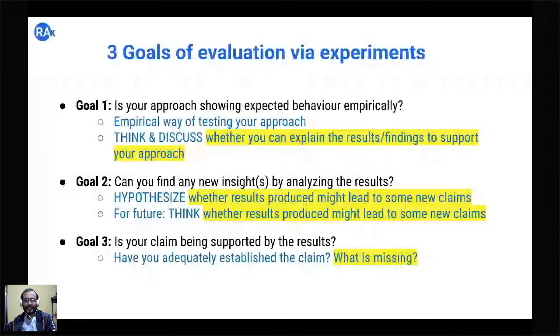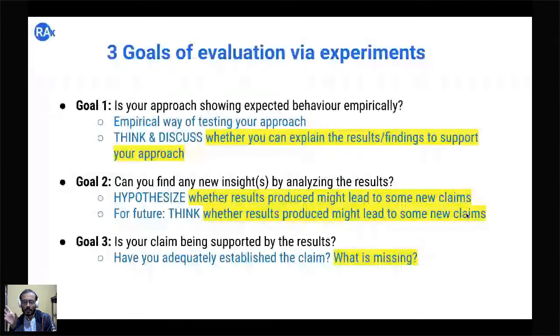Research is always like that. It's like a room of doors. As you enter one room, you will see multiple doors, and you walk through one of those doors and enter another room. So this is a very good opportunity for you to figure out, so don't just hurry through the results.